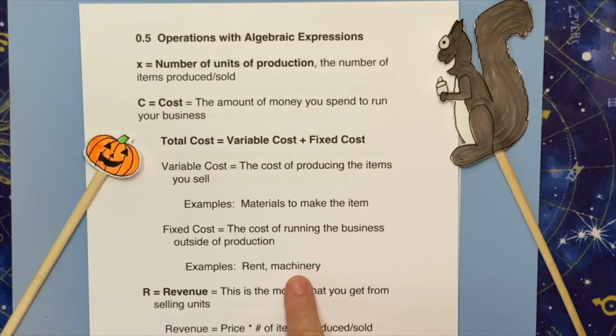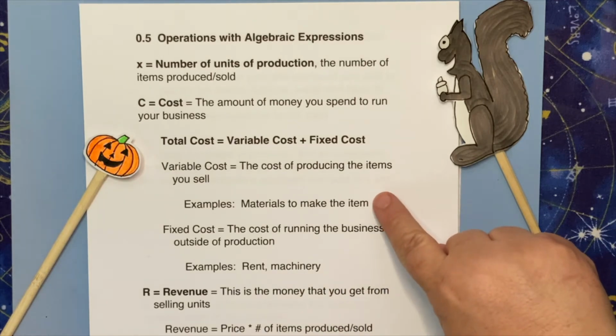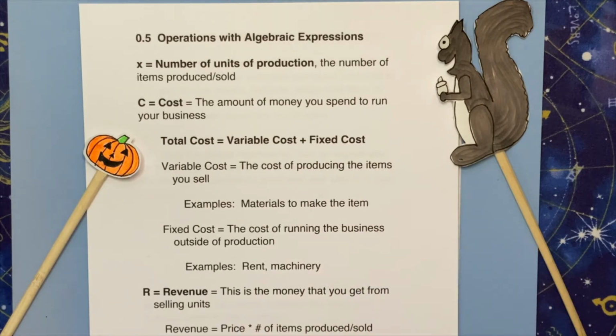Another big item is if you buy a machine that makes a certain part of your production or makes the whole thing, you have to buy that machine. Usually you don't pay a per item cost. Occasionally, if you rent a machine, that may push the machine into a variable cost situation. But again, those sorts of divisions and complications we're going to leave for you to learn about in another class. Our system is going to stay pretty simple.